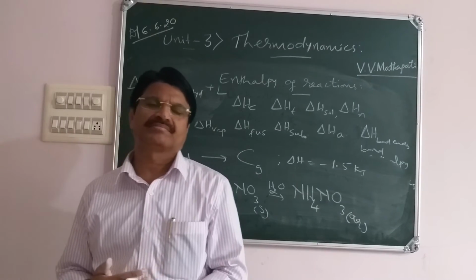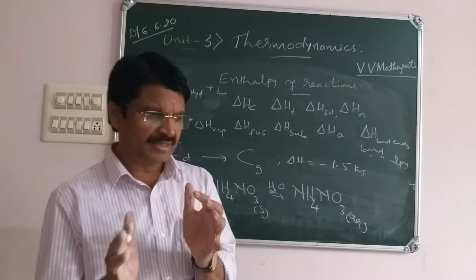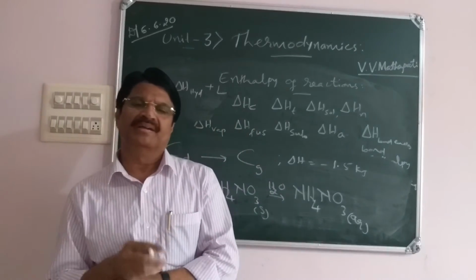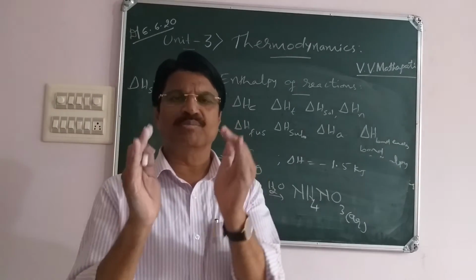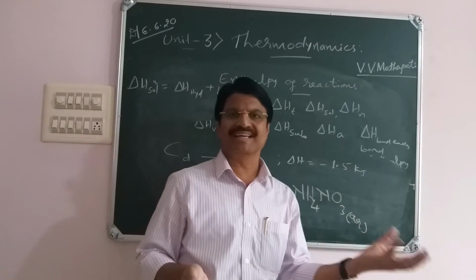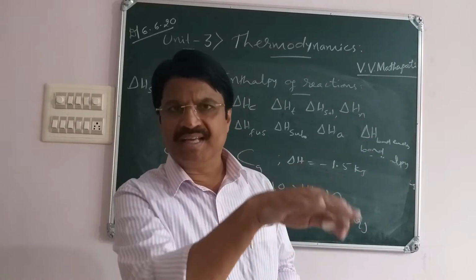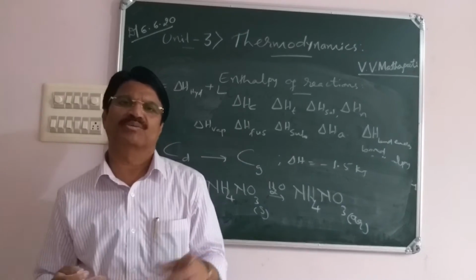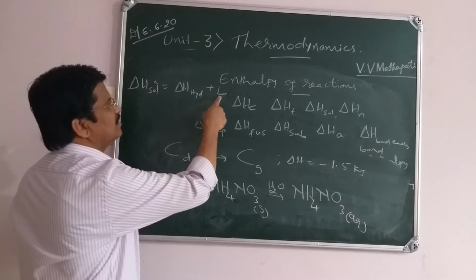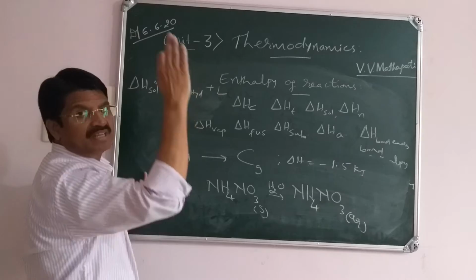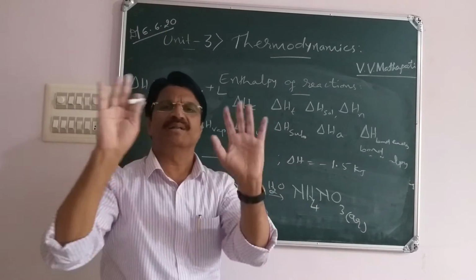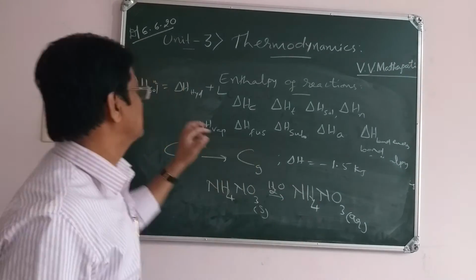Lattice energy is the energy required to break 1 mole of an ionic crystal into its constituent ions, that is cation and anion in the gaseous state or gas phase. That is called lattice enthalpy or lattice energy. But here actually, energy required, I told you. Energy required to break. Here hydration: when the molecule is hydrated, heat is always liberated.